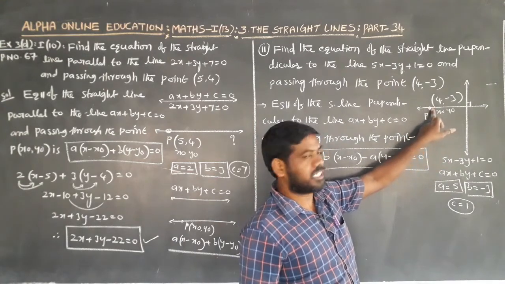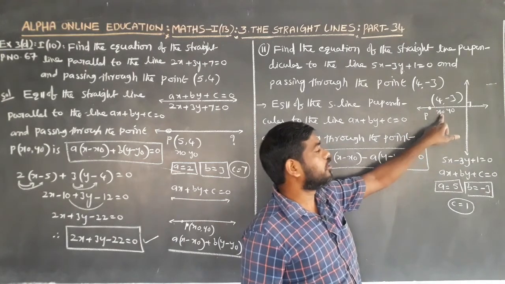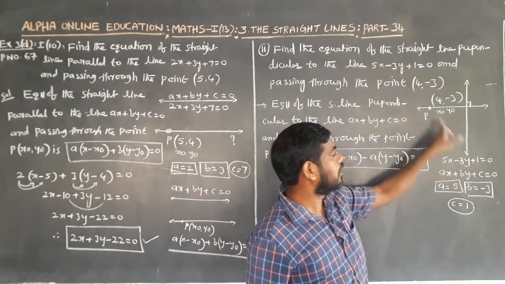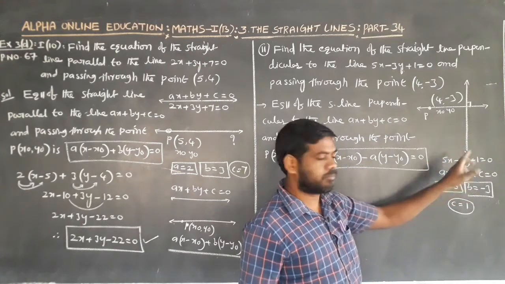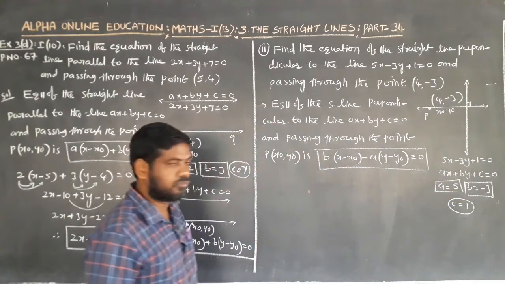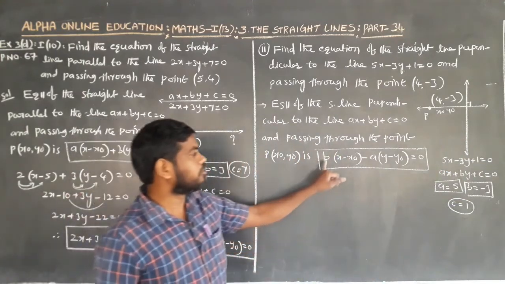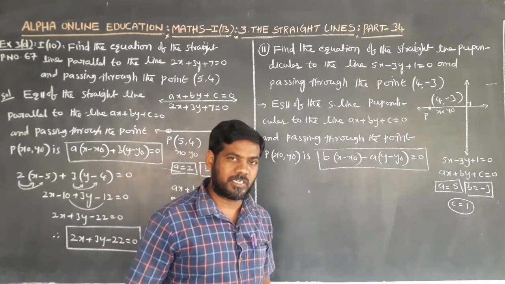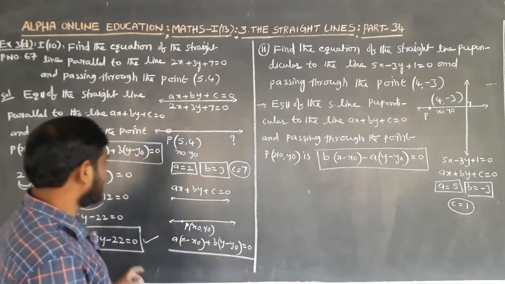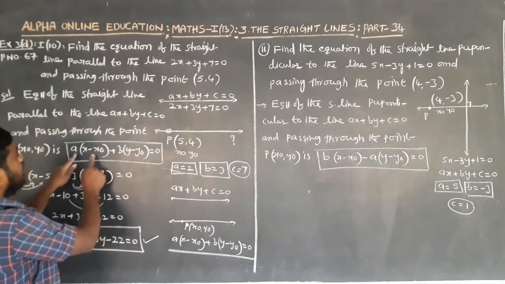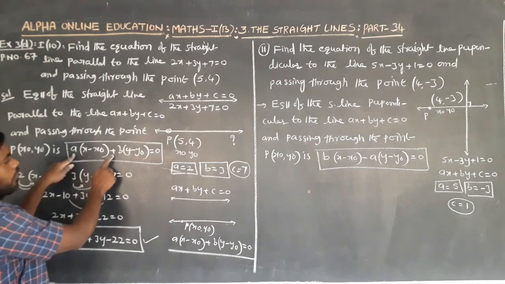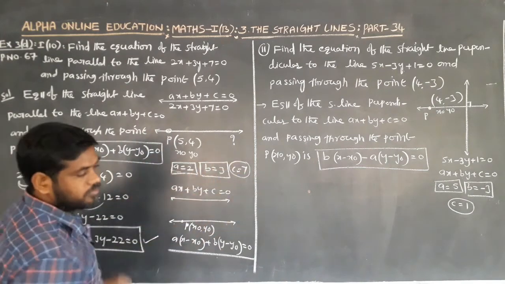The equation of the straight line passing through the point x0, y0 and perpendicular to the line ax plus by plus c is equal to 0 is b into x minus x0 minus a into y minus y0 is equal to 0. Here we interchange the x coefficient and y coefficient, and the positive becomes negative.